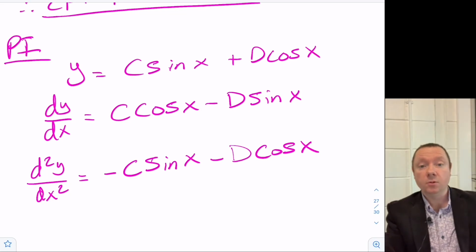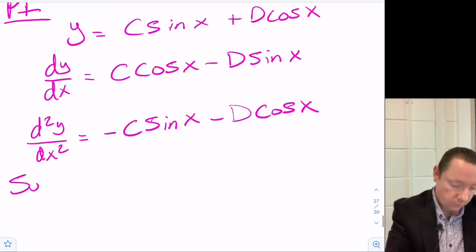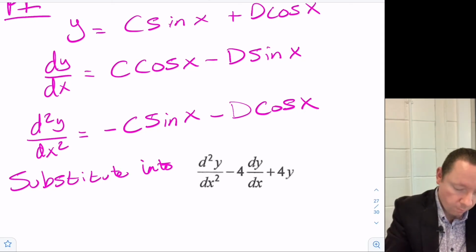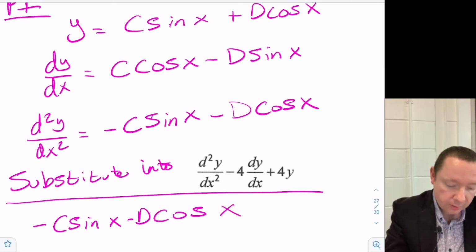And at this point, we substitute this back in to our differential equation. So substitute into, so we've got minus c sin x minus d cos x, that's our d squared y by dx squared.